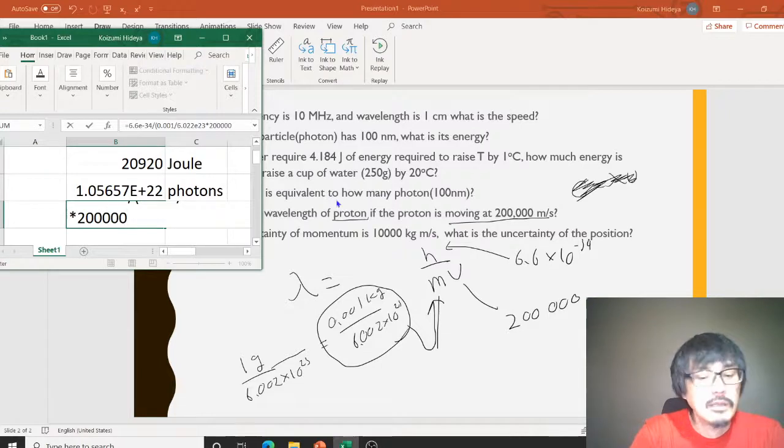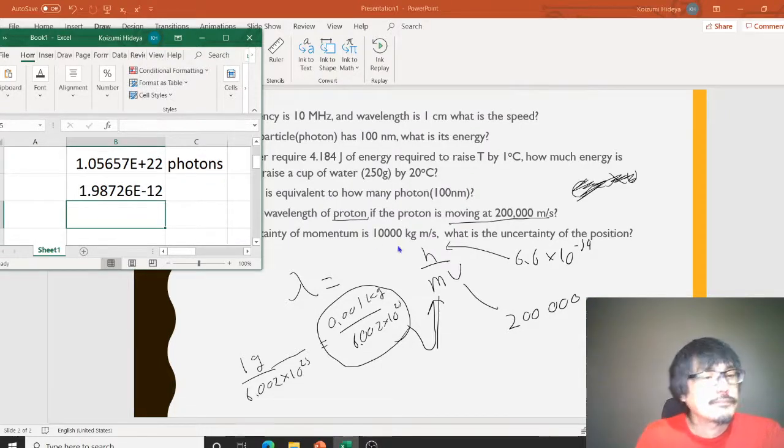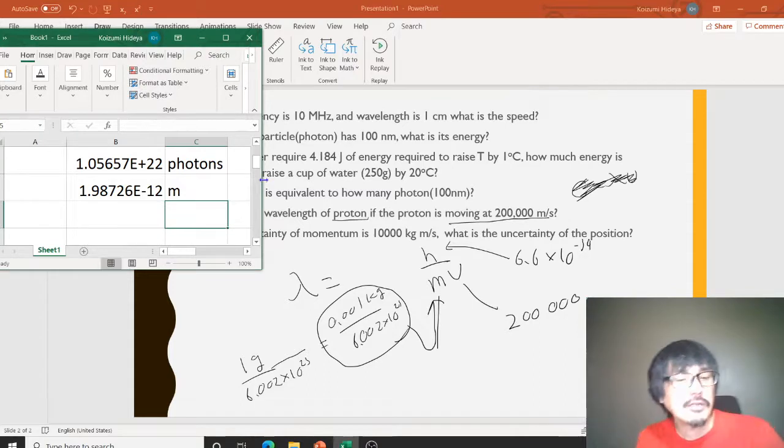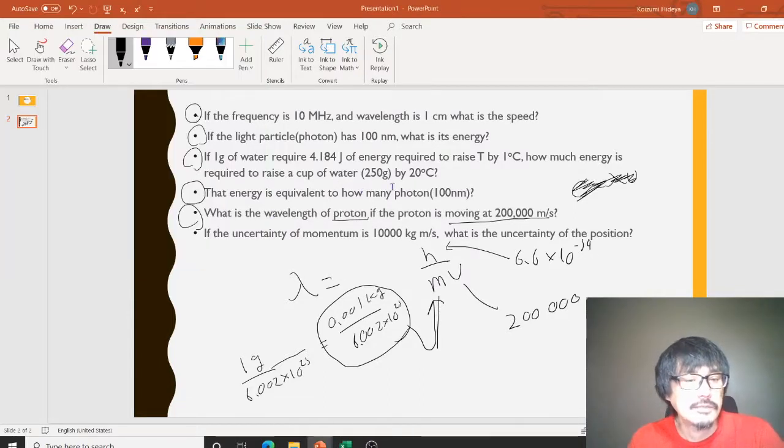So that is the wavelength in meters. Because I'm using SI units for each one of those, I always get SI units as output. So that's the answer to this question.